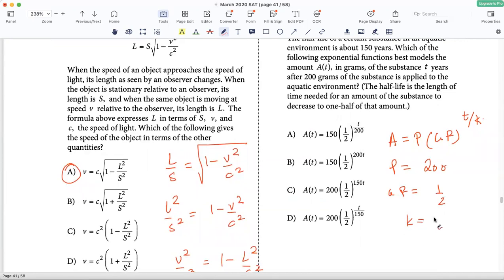And k is 150, right? Because the growth factor is applicable over k years. So the amount will be 200 times 1/2 to the power t by 150. So that's option D.